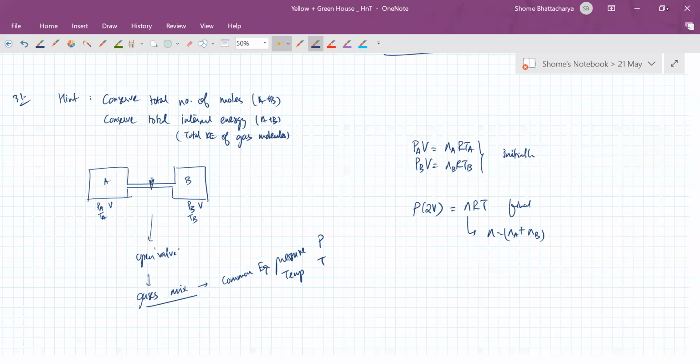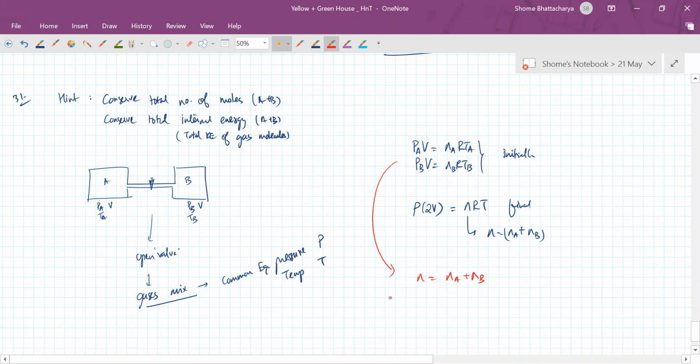And also we can't, because we don't know whether they are both monoatomic or diatomic, etc. So with the absence of information about the type of gas, we can't do the conservation of internal energy. We just do conservation of total number of moles. So N is equal to NA plus NB. So 2PV upon RT, that is N, is equal to PA upon RTA plus PB upon RTB. So you can see that P by T is equal to 1 by 2 of this.